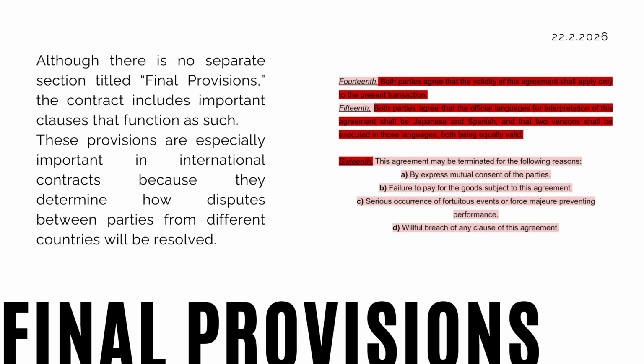Then we have final provisions. Although there is no separate section titled Final Provisions, the contract includes important clauses that function as such. In this example, we have the waiver of local court jurisdiction, dispute resolution through arbitration under the rules of the International Chamber of Commerce, application of the commercial laws of the State of Texas, United States, and termination clauses such as mutual agreement, non-payment, force majeure, or breach of contract.